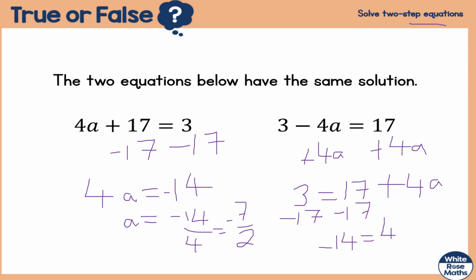Divide through by the 4, I get minus 14 quarters is equal to a. So a is equal to minus 14 quarters, or minus 7 halves. So this statement or claim is true, and I've proved it algebraically.